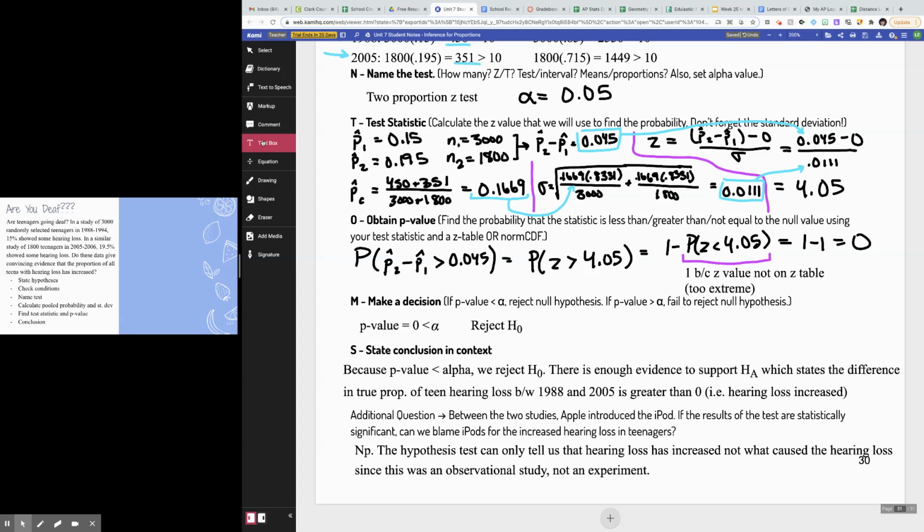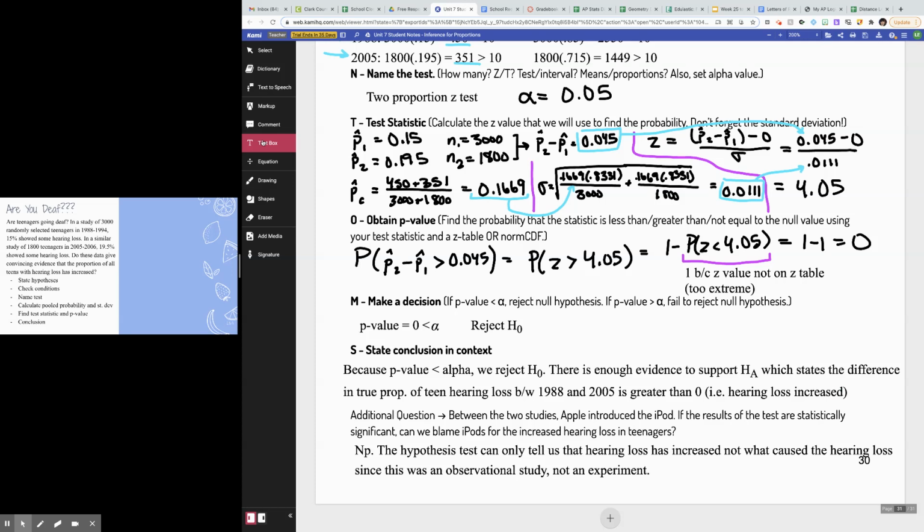And then I put one additional question on there that I wanted you all to think about. And so I hope that you got the same answer as me. This additional question is a common type of question they like to ask on an investigative task, because it combines what you learned in studies and experiments in Unit 1 with this actual inference process of hypothesis tests. So the question is, between the two studies, Apple introduced the iPod.